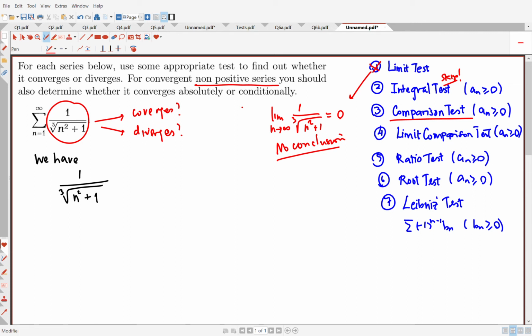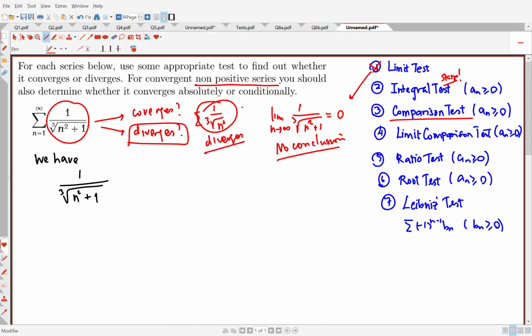Because the inequality you want to have depends on how you guess. Okay? I guess that this should diverge because this looks like 1 over n^(2/3). Looks like this, right? And this whole thing diverges.